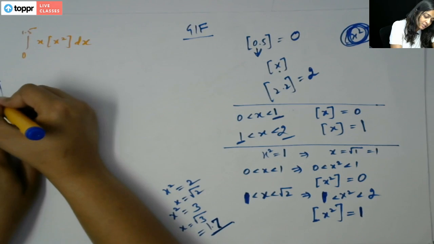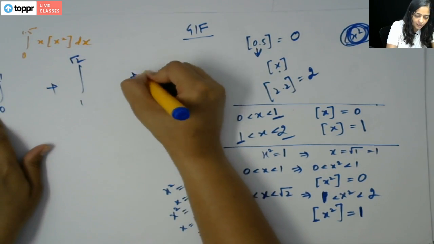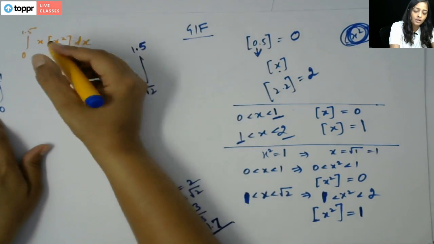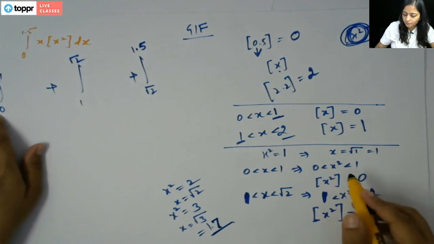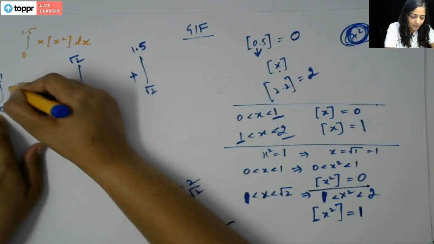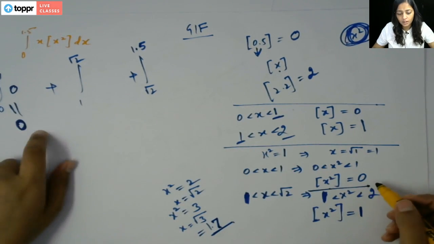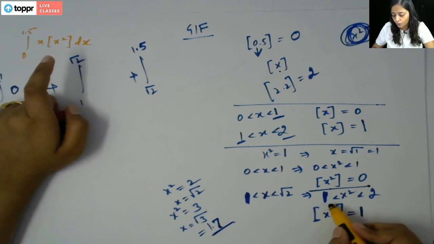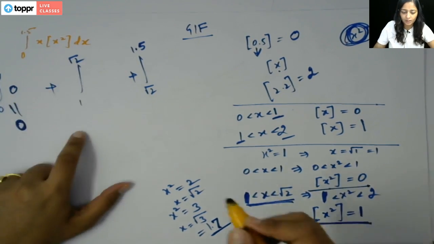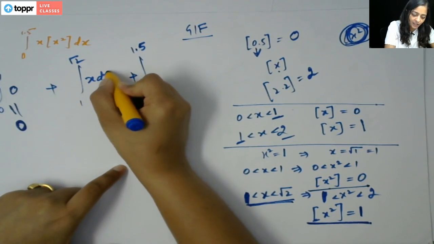So we can write it as the integral from 0 to 1 plus 1 to root 2 plus root 2 to 1.5. Now in 0 to 1, our greatest integer of x² is 0, so this will become 0. When x is from 1 to root 2, our greatest integer is 1, so we are left with only x dx.